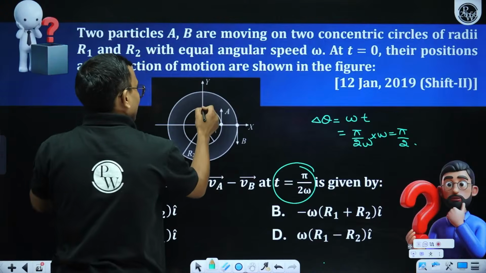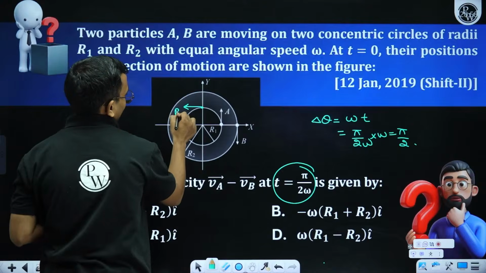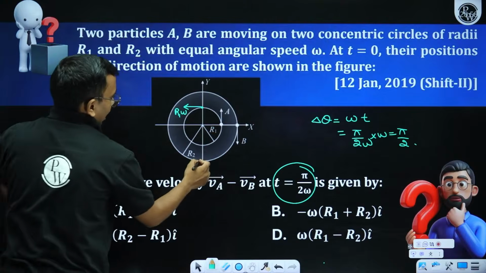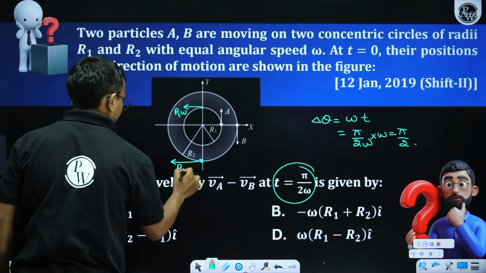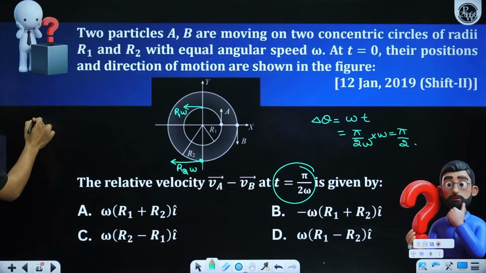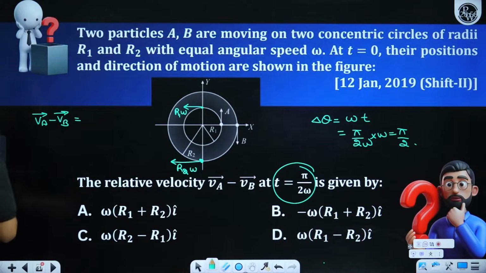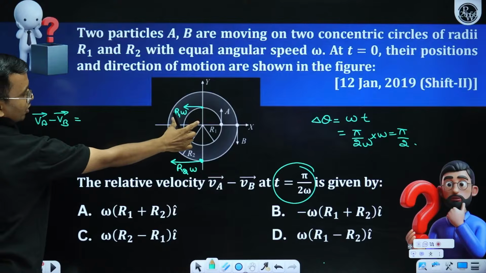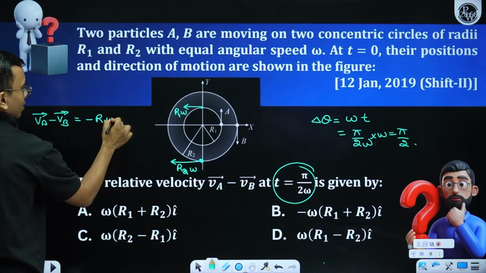A will rotate by 90 degrees and come here. What will be the velocity? R1 omega. B will rotate by 90 degrees and come here. What will be the velocity? R2 omega. You need the relative velocity, velocity of A minus velocity of B. Velocity of A is minus R1 omega i cap, minus i cap being the direction.